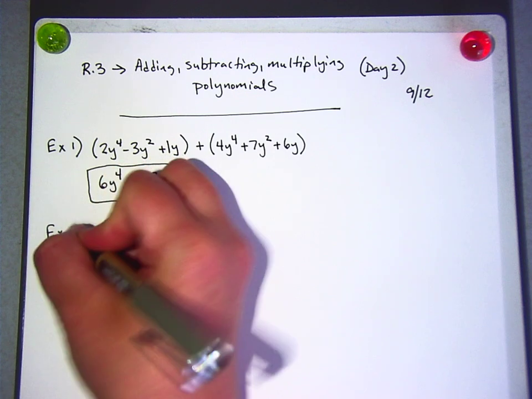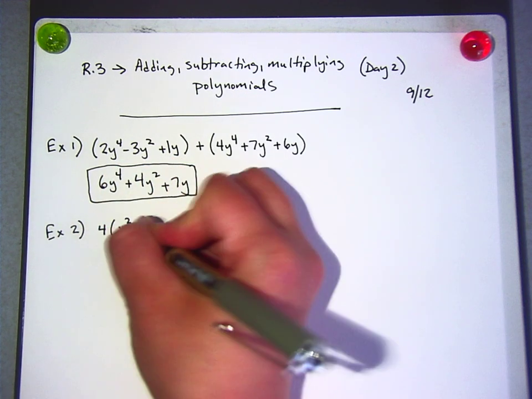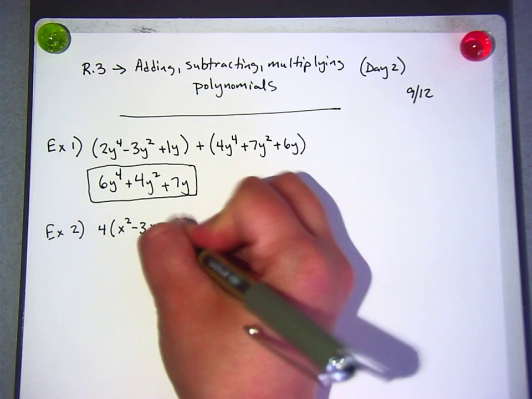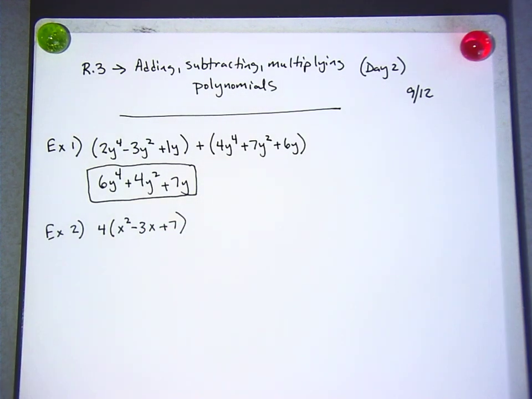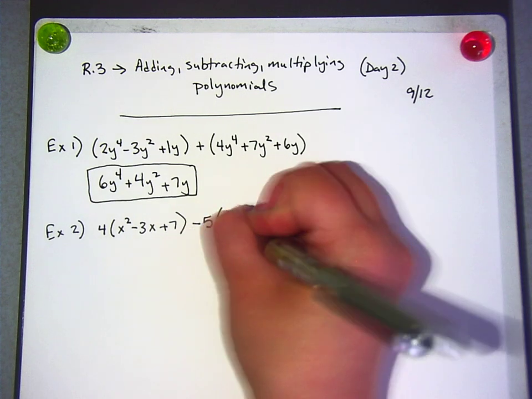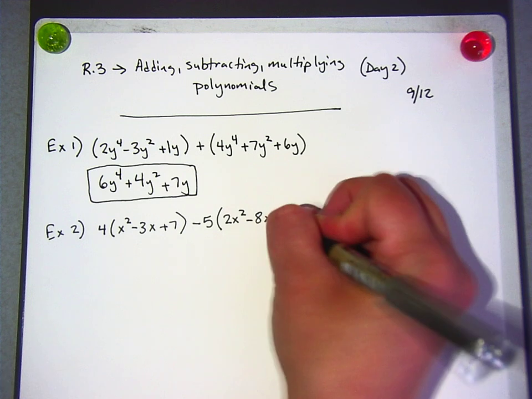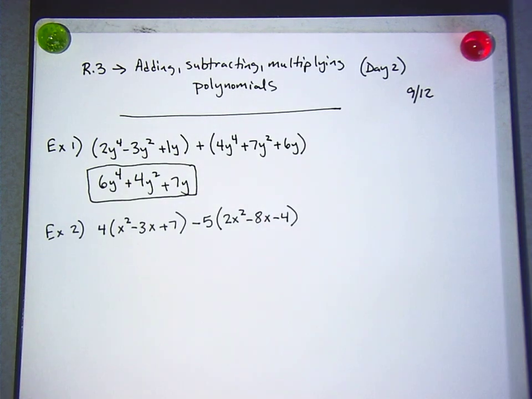Example 2. 4(x^2 - 3x + 7) minus 5(2x^2 - 8x - 4). All right, I'm going to do this one with you. What do you do if there's a number out front?